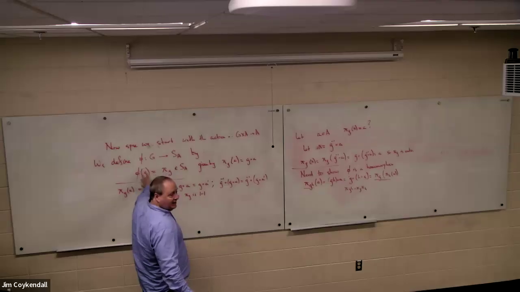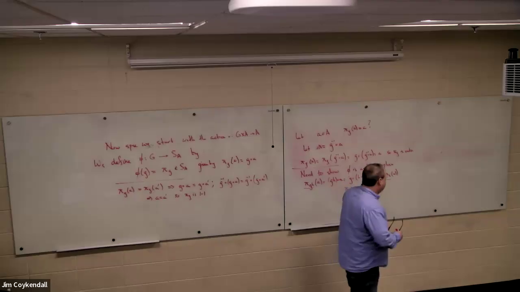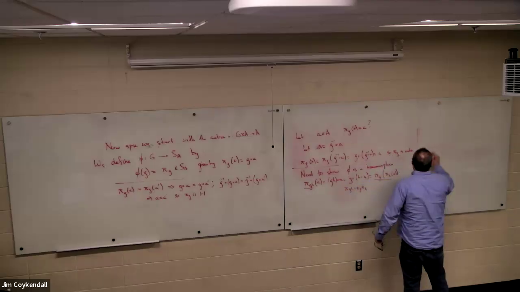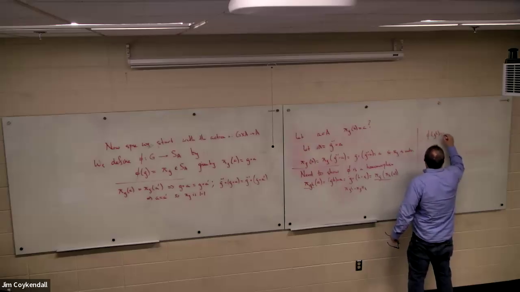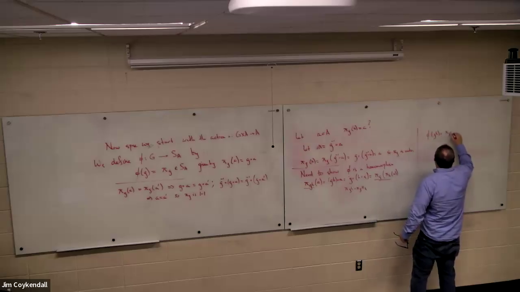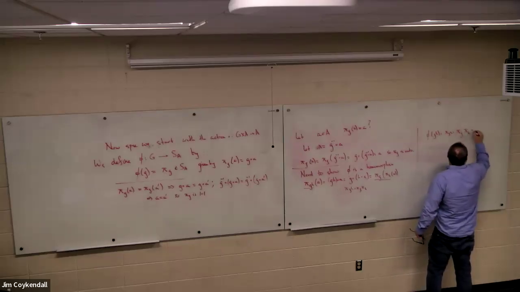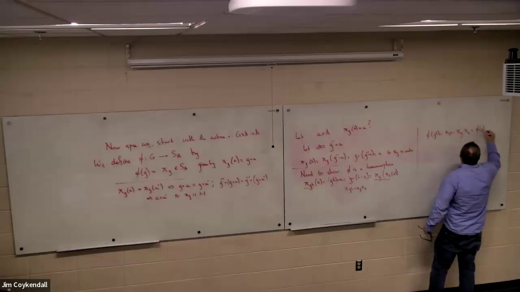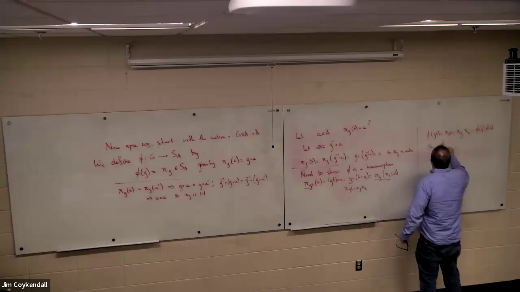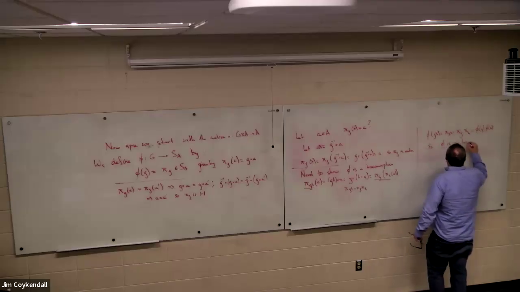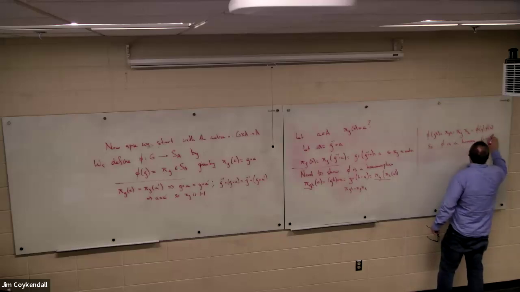This assignment as it is doesn't guarantee that, but now with this fact right here, we've got it for the following reason. If you look at phi of gh, this is pi gh, which we've just shown is pi g pi h, which is phi of g phi of h. So phi is a homomorphism from G into permutations of A.